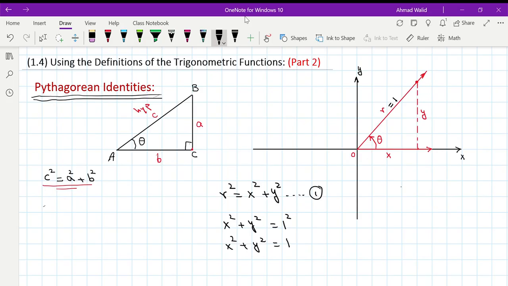Look, here we know that sine theta equals y over what? R. And because r is equal to 1, then you can say sine theta is equal to y over 1. It means your sine theta is equal to y. It means instead of naming it y, it is actually the sine of your theta. Correct?